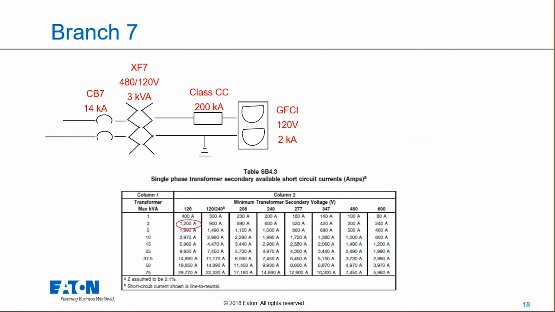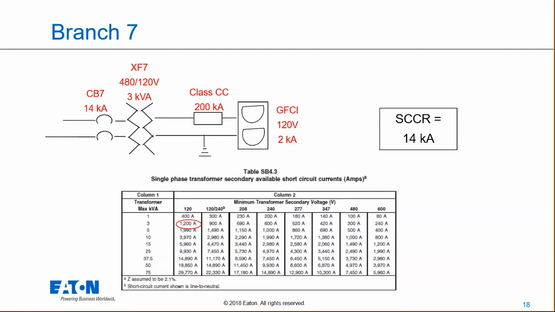So if we go over to column 2, if we look at the minimum transformer secondary voltage of 120, we look at the amount of current that can come out of that as 1,200 amps. So this is a safe circuit, meaning that we've designed it okay. We can now use that primary overcurrent protection device to be able to handle all the faults, to be rated at that rating. So in this particular case, I'm using that primary overcurrent protective device, which is that circuit breaker.